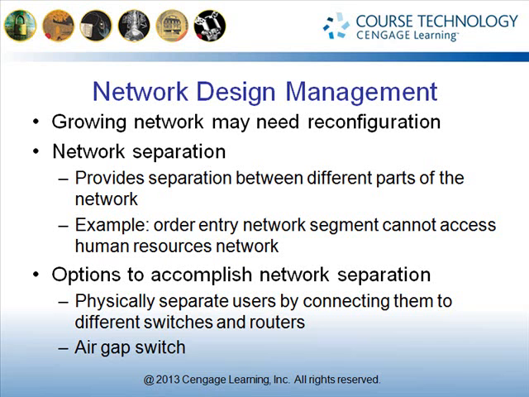It's important to maintain network separation so that certain parts of the secure network can't communicate with other parts, to prevent network bridging, for example prohibiting an order entry network segment from accessing the human resources segment. One way to provide network separation is to physically separate users by connecting them to different switches and routers. This prevents bridging and even prevents a reconfigured device from allowing that connection to occur.